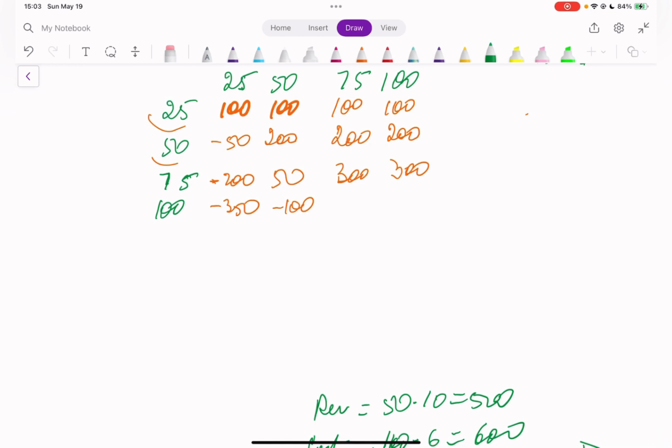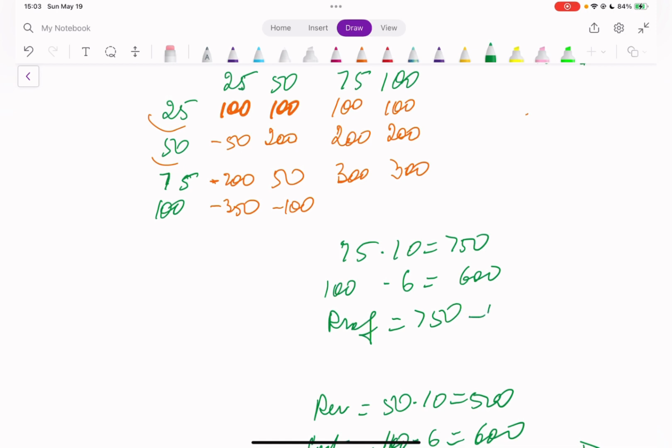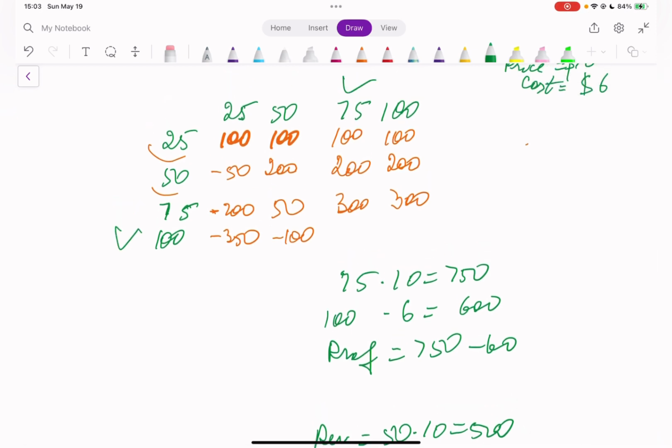Now let's see, 75 times 10, 750, and we have 100 times 6, it's going to be 600, of course, yes, $150 profit. Although the product supplied is more than demand, we still get positive.